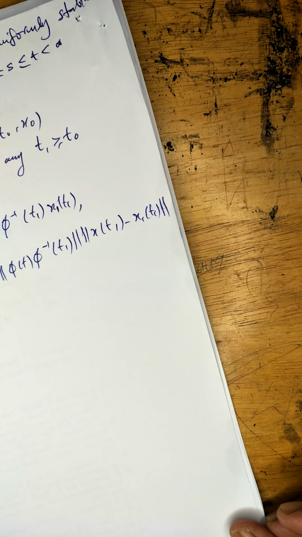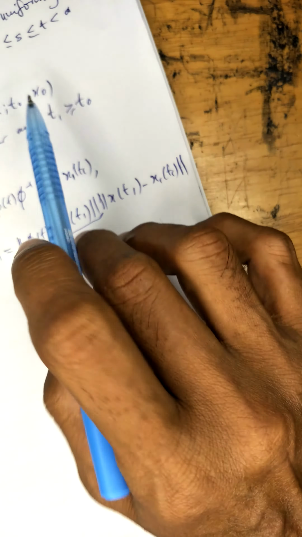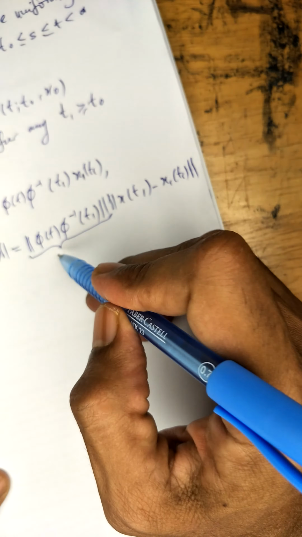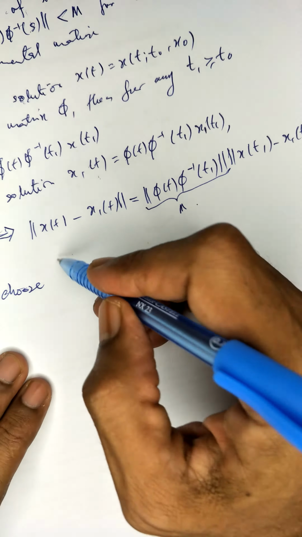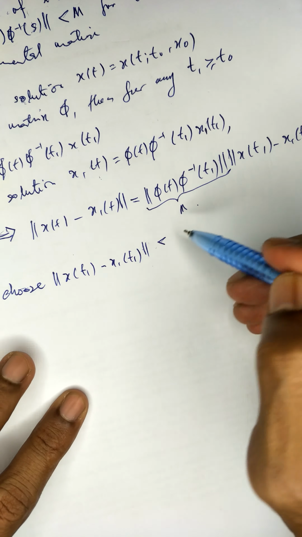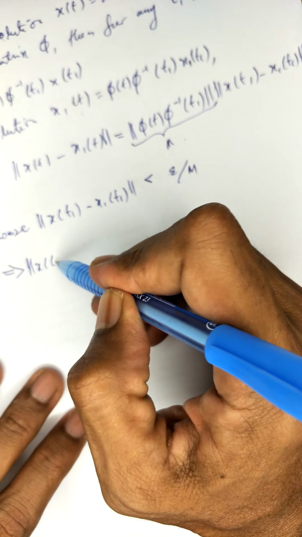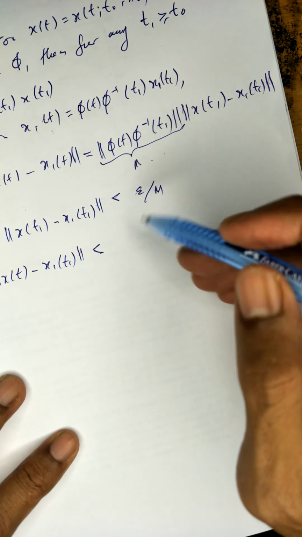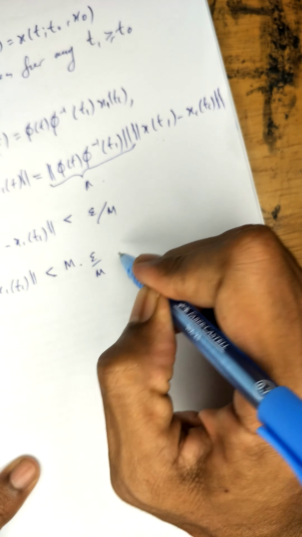Now this part here is less than M, so we need to choose x(t1) minus x1(t1). Since M is already given, we may choose the norm of x(t1) minus x1(t1) less than epsilon over M. That will give us x(t) minus x1(t) less than M times epsilon over M, which gives us less than epsilon.